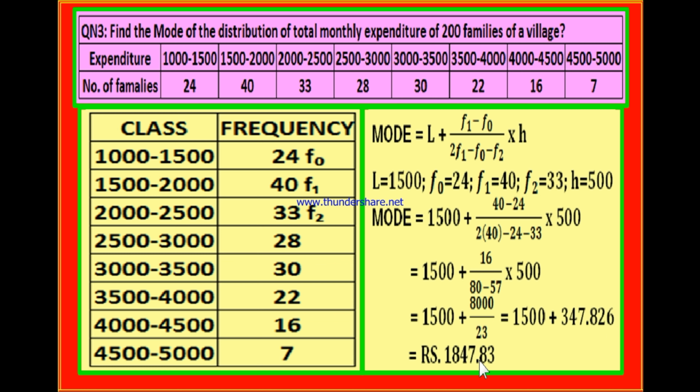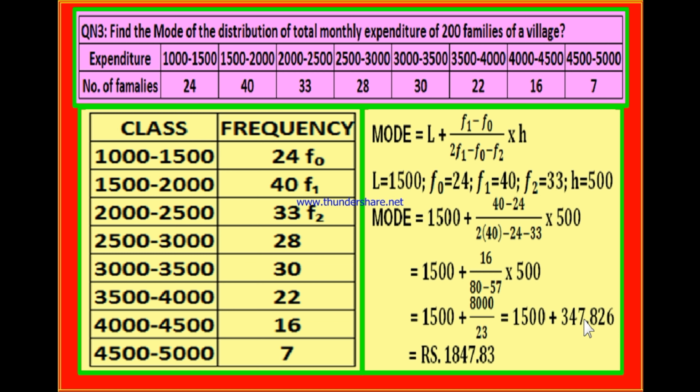But if you correct it to second decimal place, since the third decimal value is 6, which is more than 5, you have to add 1 to its preceding digit. That is, add 1 to 2 so that it will be 3. If you correct it to second decimal, then the mode of the given distribution is 1847.83. Is it clear, boys?